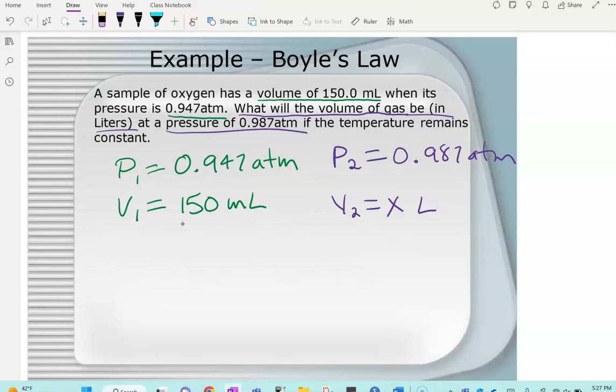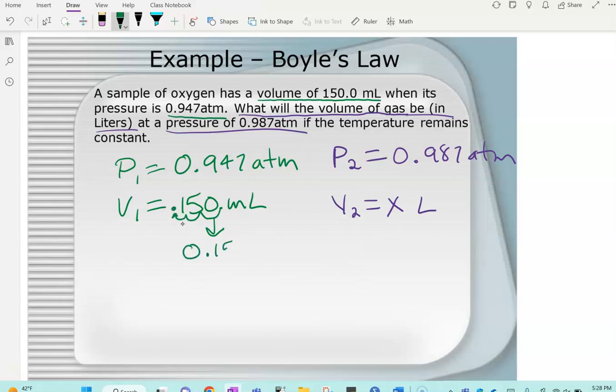However, again, like I said, you have to pay attention to your units. The final answer needs to be in liters, but right now my volume is in milliliters. Now you can do the conversion from 150 milliliters into liters. We would move 1, 2, 3 decimal places to the left.